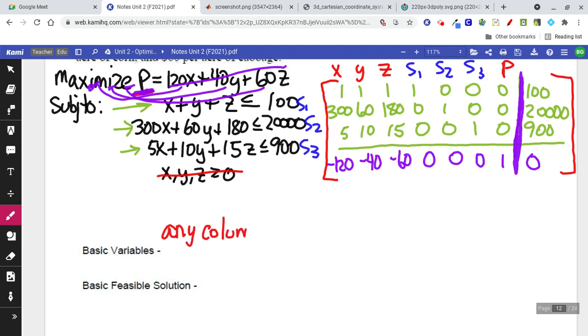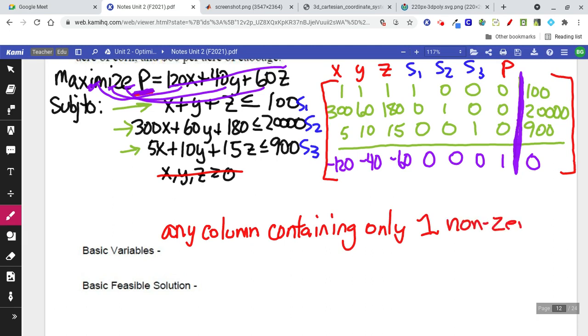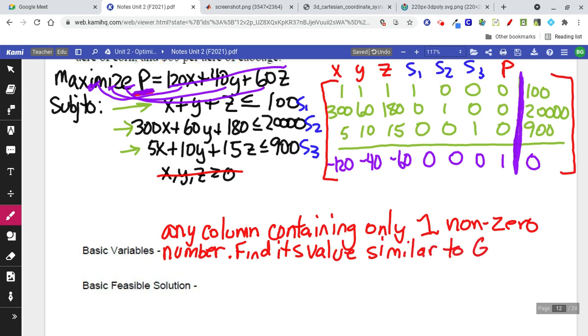Any column containing only one non-zero number. Find its value similar to the Gauss-Jordan method. All right, that's the basic variables.